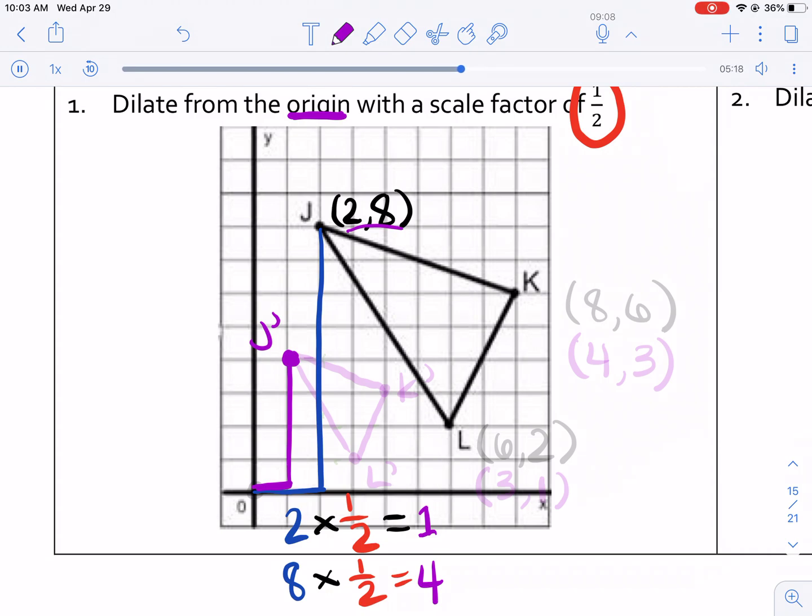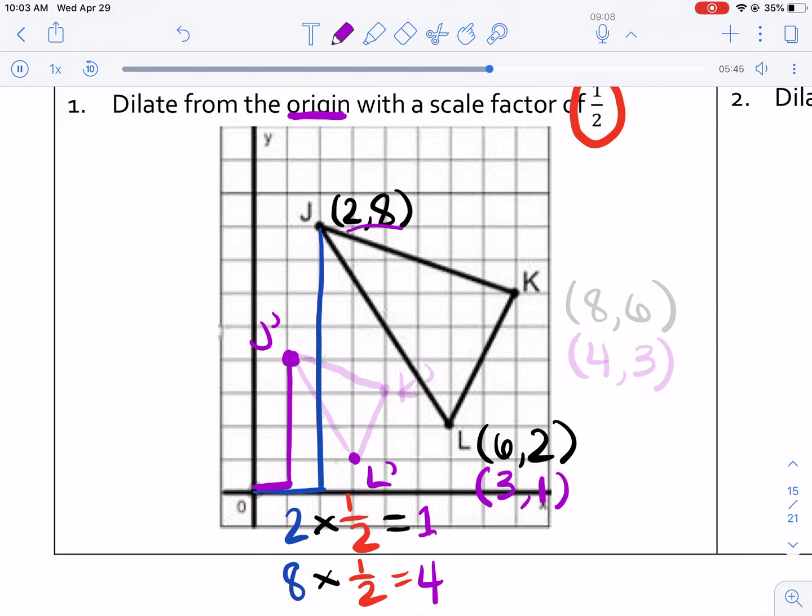So let's see, L is at the point 6, 2. So I want half as far as that. So 1/2 times 6 will be 3. And 1/2 times 2 will be 1, or half as much of 2 is 1. So I'm going to go to the point 3, 1, and that's my new L prime.